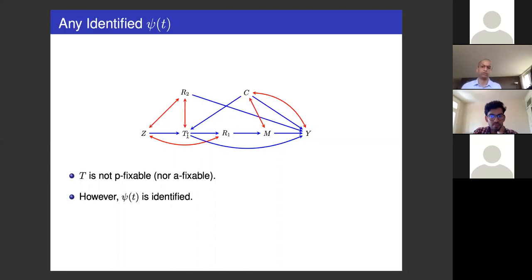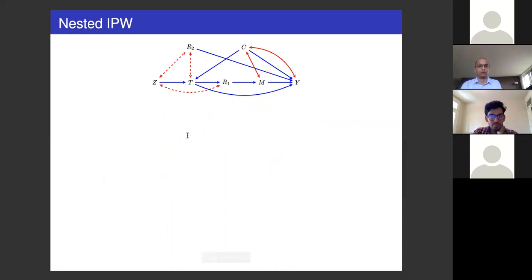So what do we do in this setting? We came out with what's called the nested IPW, with tribute to the nested Markov model of ADMGs, because that's really where this comes from.